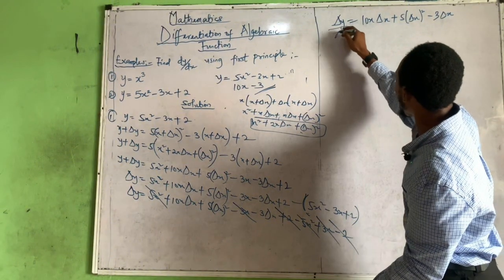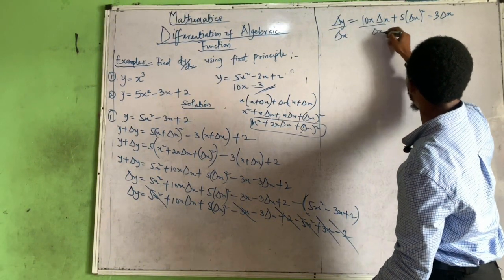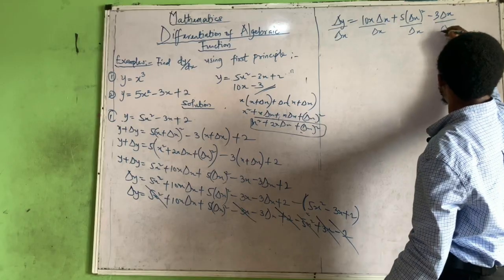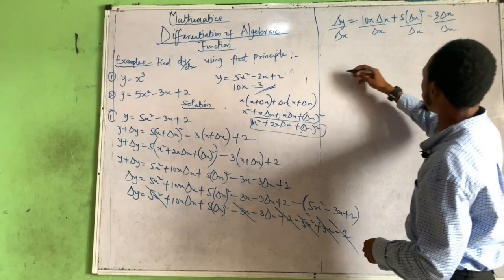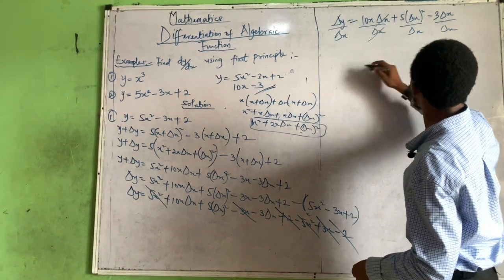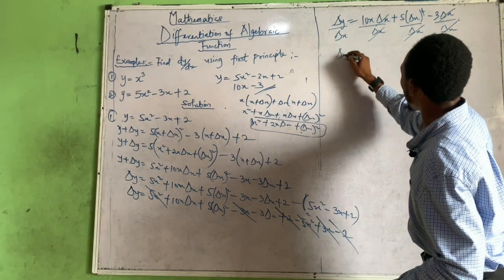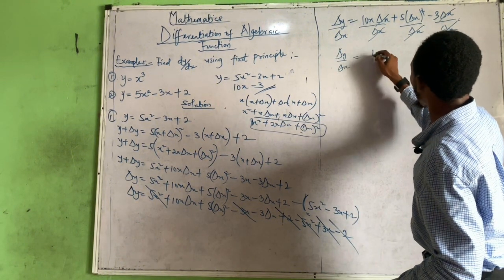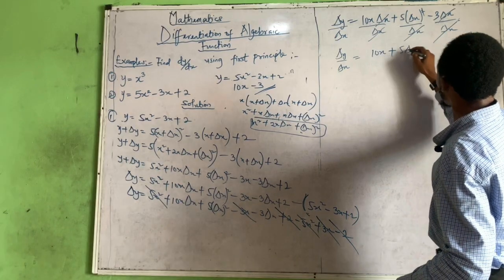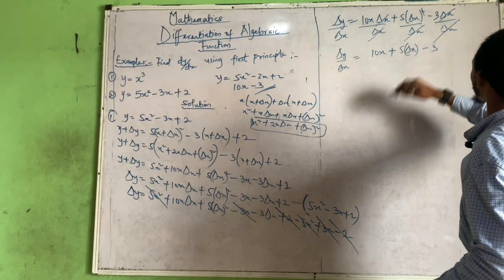So you divide all through by what? By delta x, so that we can get our limit. Remember the limits in the previous video. So we have this cancel this remains 1, this cancel this. So we have delta y over delta x equals 10x plus 5 delta x, then minus 3.